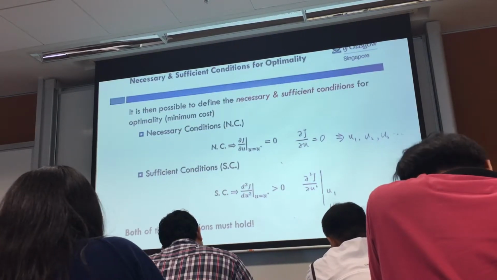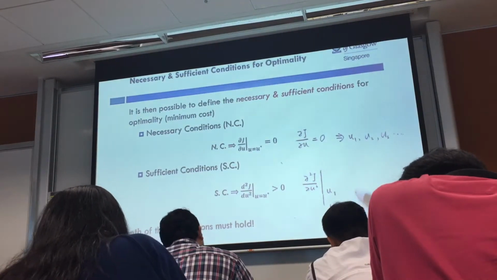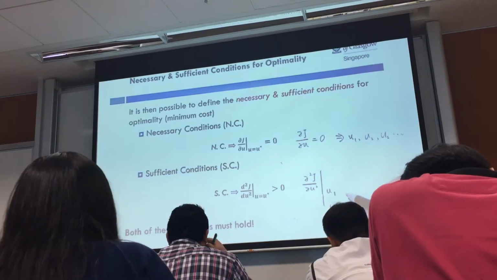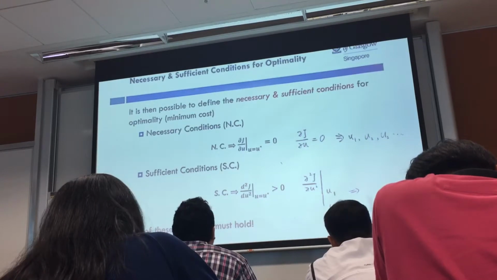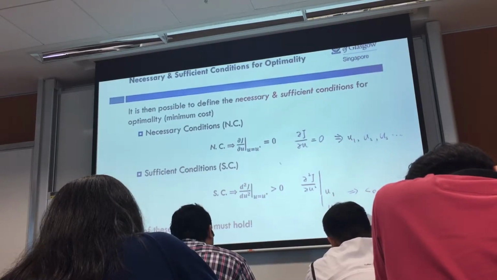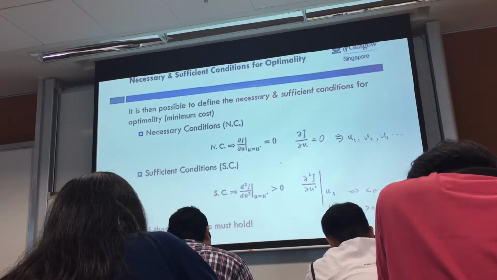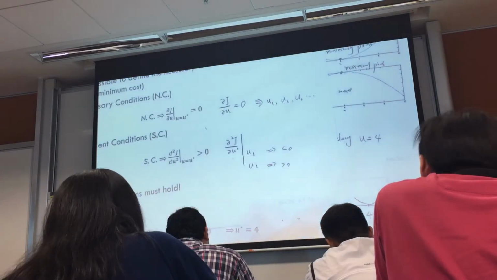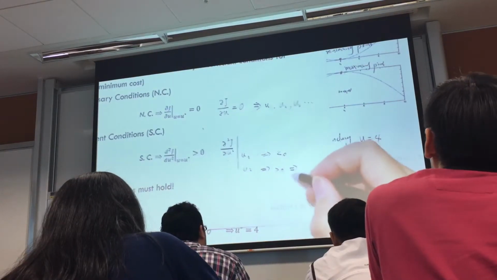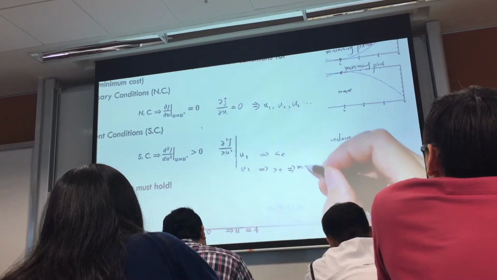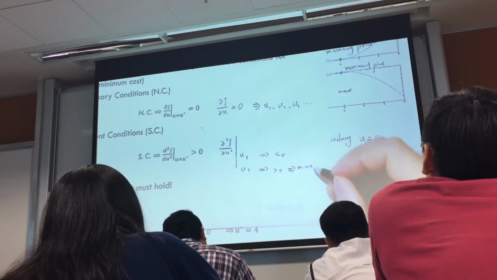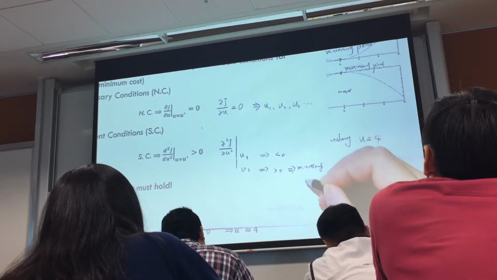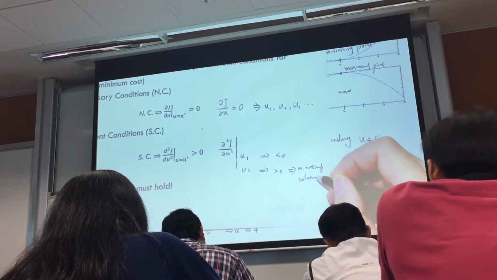For example, if eventually this one gives a result smaller than 0, and this one gives a result greater than 0, we know u2 will be a minimizing solution within this set of potential locations.